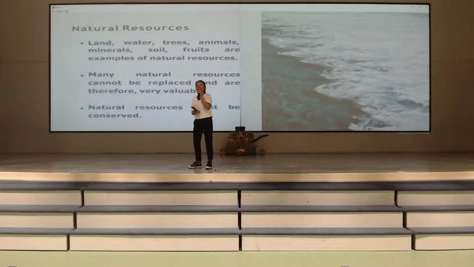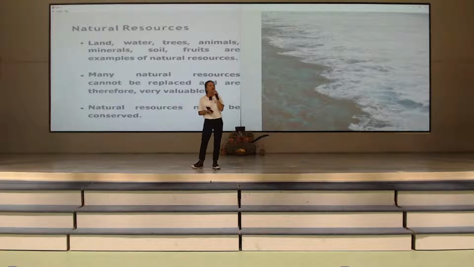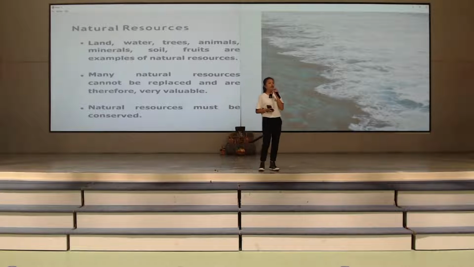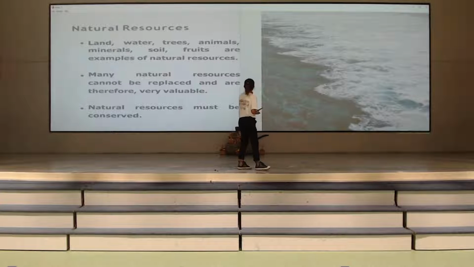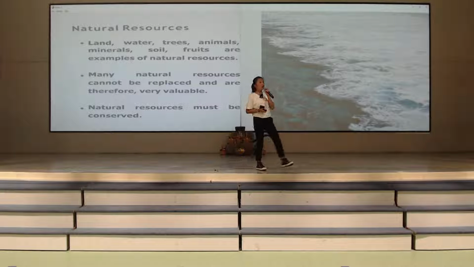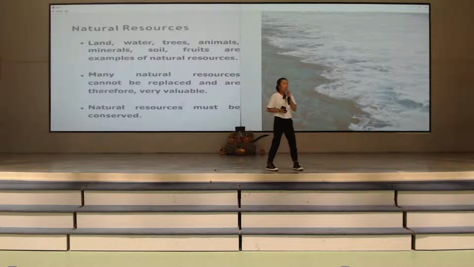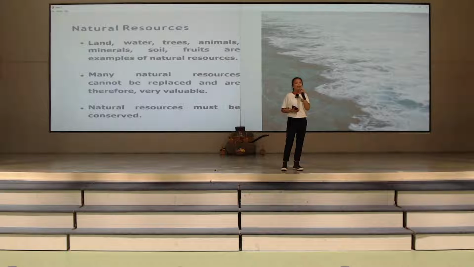All right, so you can see it on the screen already. The bodies of water, just like what you said to MC Hadi earlier. You love beaches, right? Or oceans? You swim a lot, right? So we have to take care of this. We have our soil also. There are minerals, right? These are the things that we can consider natural resources, because if they get damaged, it's very hard to replace, or sometimes they can't be replaced.